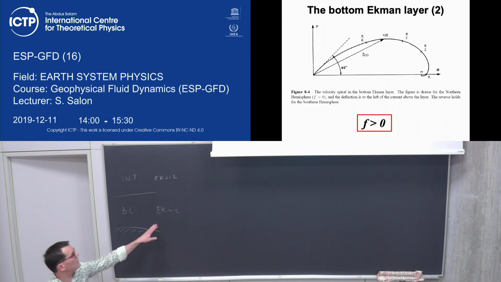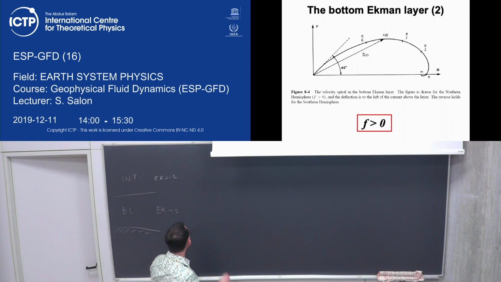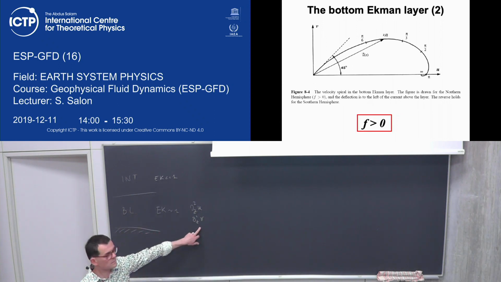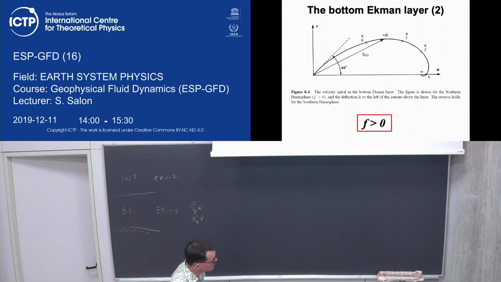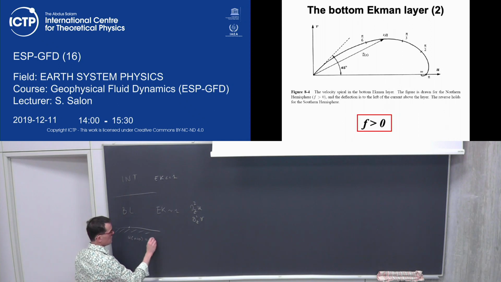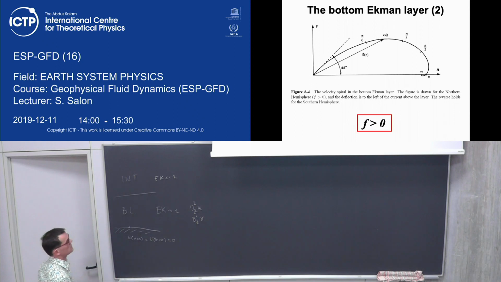Okay? The fact that we have Ekman number order of 1 gives us the opportunity to keep the second derivative of the equation of motion, and so to add a new boundary condition, which is that the velocity at the solid bottom, u at zeta equal to 0, is equal to v at zeta equal to 0, which is equal to 0.